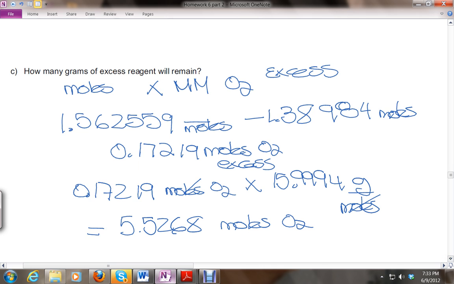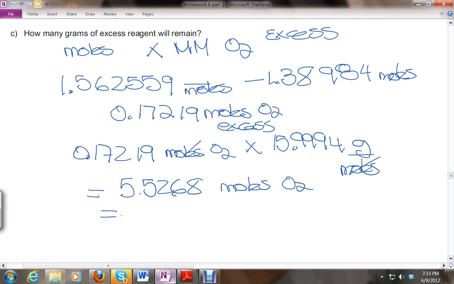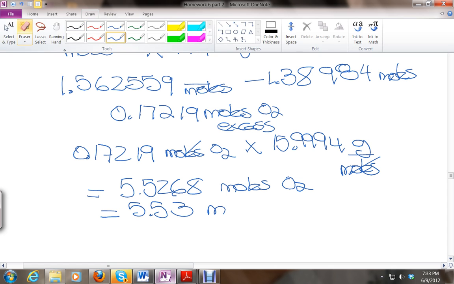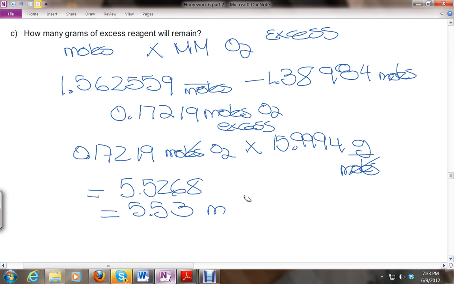And taken to 3 sig figs again, it would be equal to 5.53 grams. We're finding out the grams. Yeah, so this would be grams of O2 in excess.